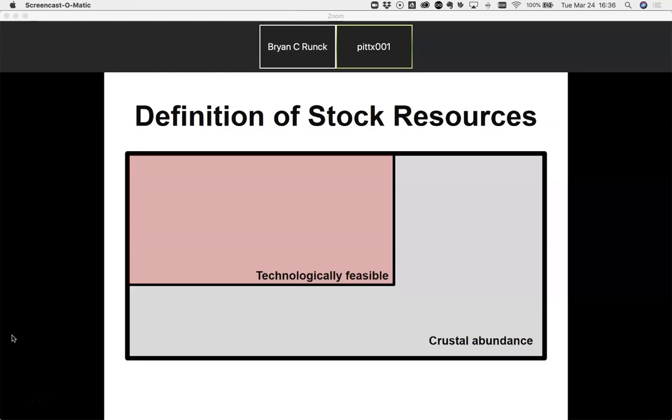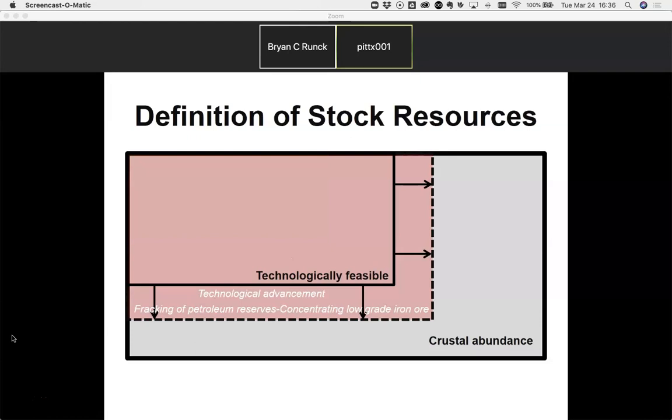So we can talk about crustal abundance, that which is technologically feasible, and that which is financially feasible to extract. The boundary between technologically feasible and crustal abundance can shift depending upon technological advancement.